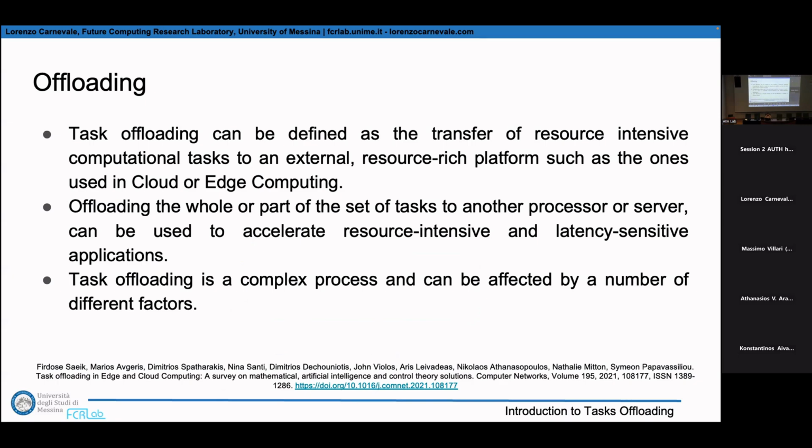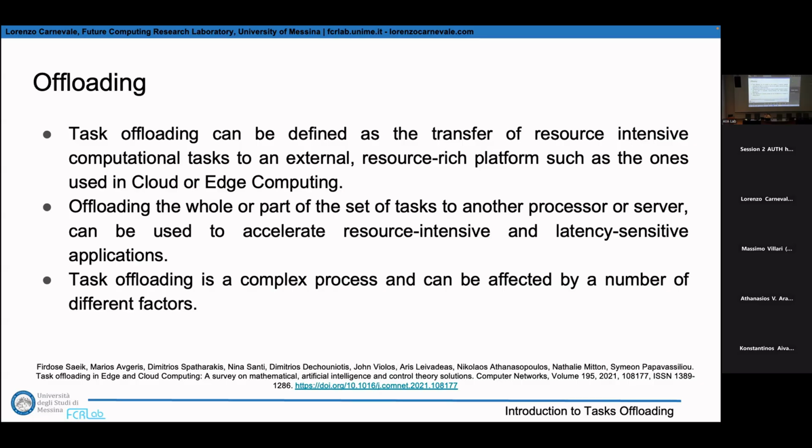So at the end of the day, what is offloading? The task of offloading can be defined as the capacity to transfer a resource-intensive application task to an external and much more powerful machine, which is a virtual machine in the case of cloud computing, or edge computing mostly, that could be, of course, cloud or edge.